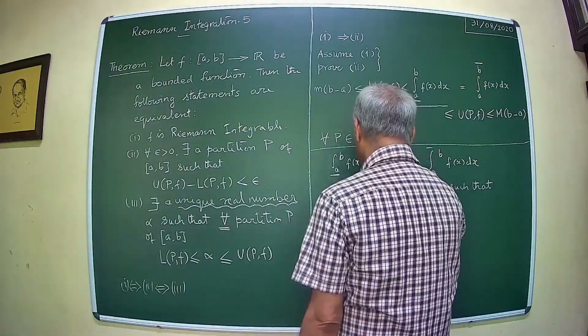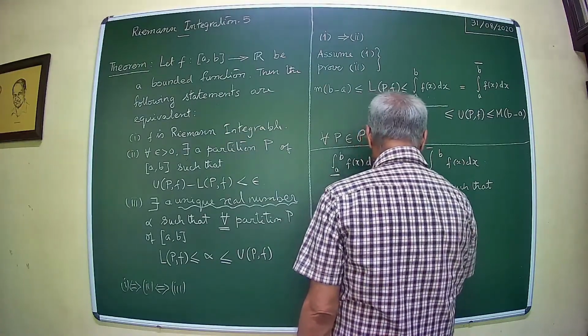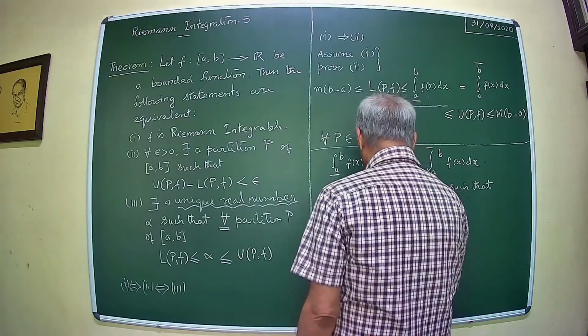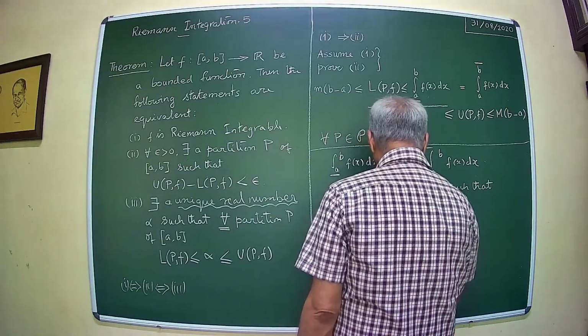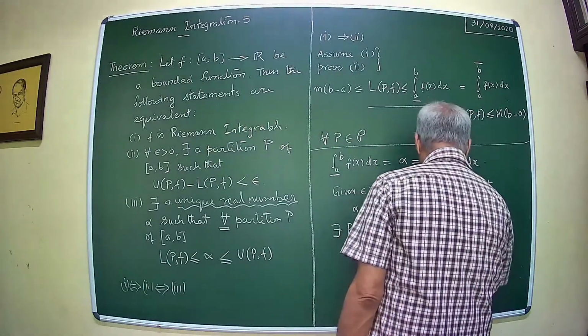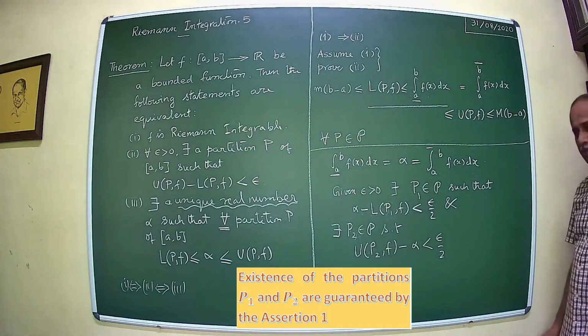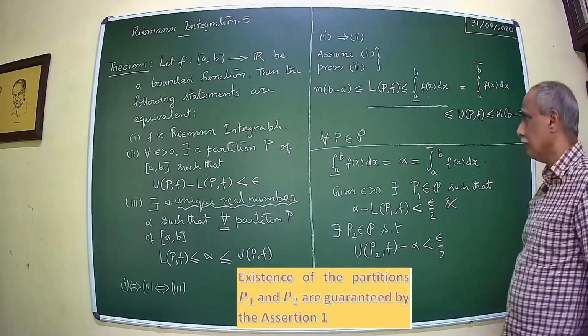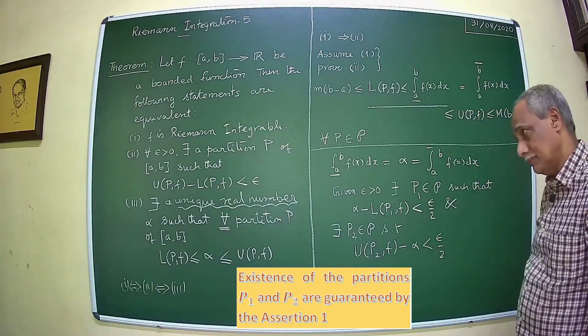There exists P2 belonging to P such that UP2F minus alpha is less than epsilon. So you have the existence of P1 and P2 guaranteed by the assertion 1.